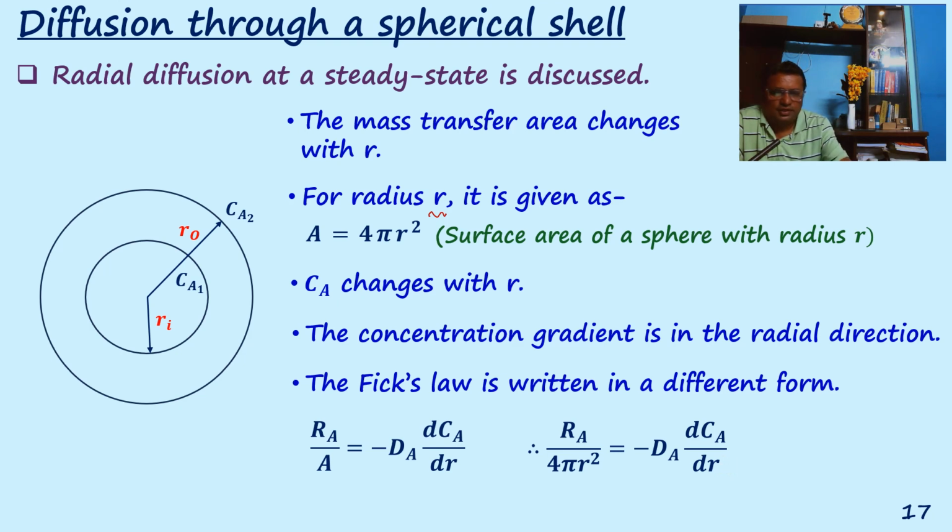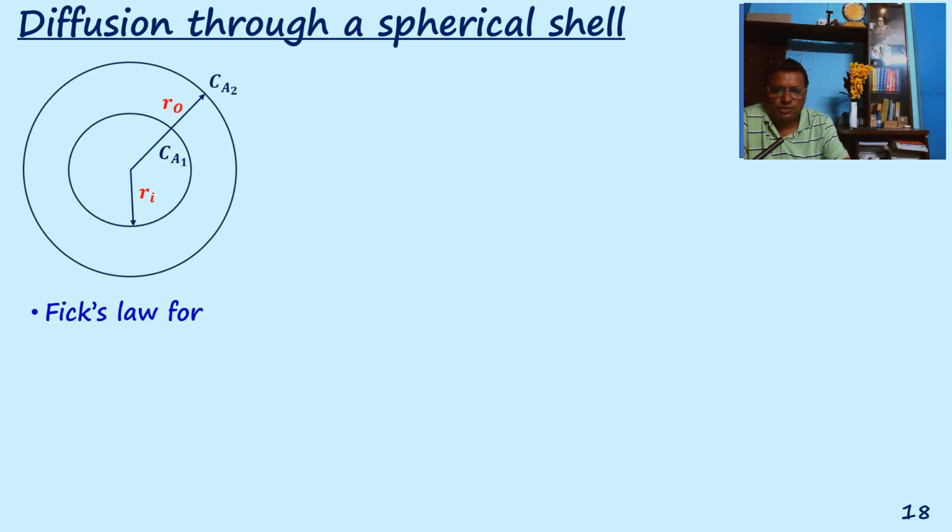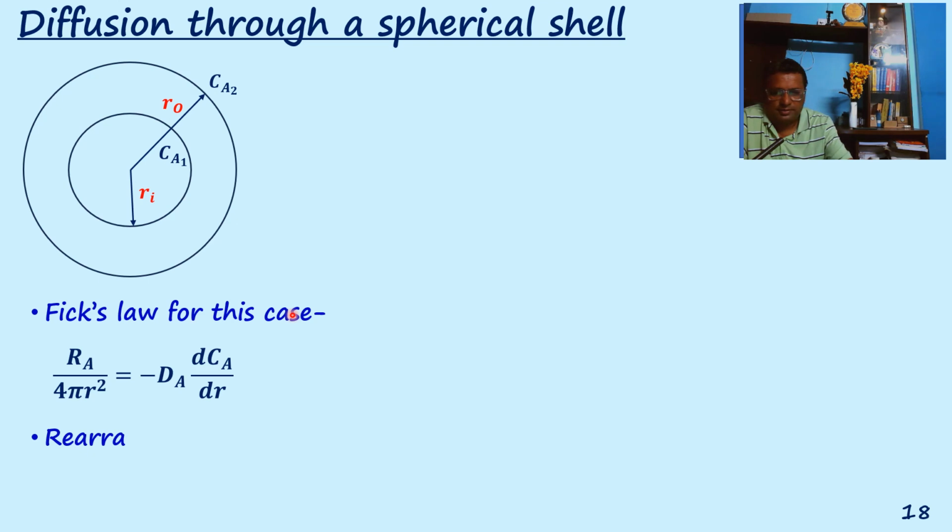In the next step, we are going to rearrange that equation. I am just once again showing the schematic for the spherical shell. Fick's law, we have just written in this form: Ra upon 4 pi r square is equal to minus dA into dCA by dr. Let us rearrange it. After rearranging, we will have this equation: Ra into dr upon r square is equal to minus 4 pi dA into dCA.